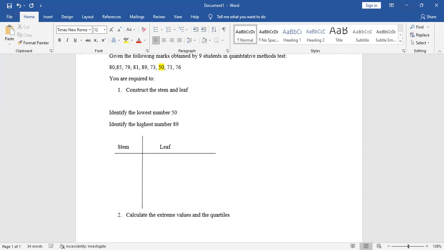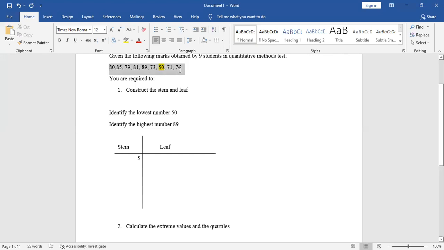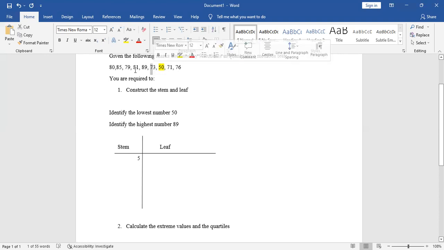I'll put 5 here to represent the 50s. Do we have any numbers in the range of the 60s? No, so I'll skip the 60s. Do we have any numbers in the range of the 70s? Yes, we've got 73, 71, 76.